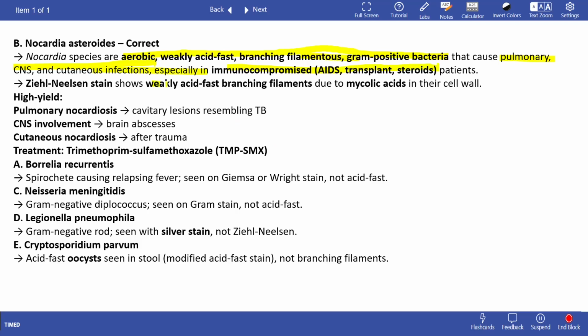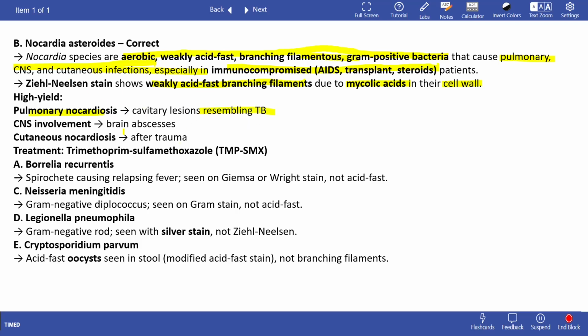It is weakly acid-fast, so it is not as acid-fast as tuberculosis, but it has some component of being acid-fast. It has some mycolic acid component in its cell wall, although not as strong as the tuberculosis organism, but it does still have that. The high-yield infection that it can cause is pulmonary nocardiosis, which resembles TB.